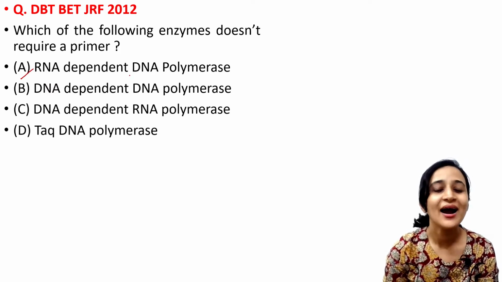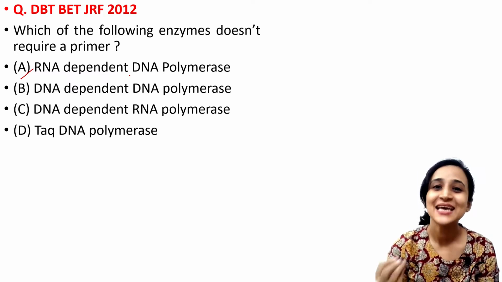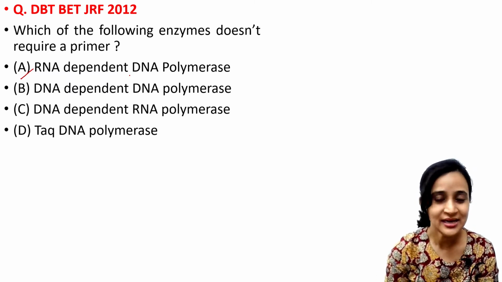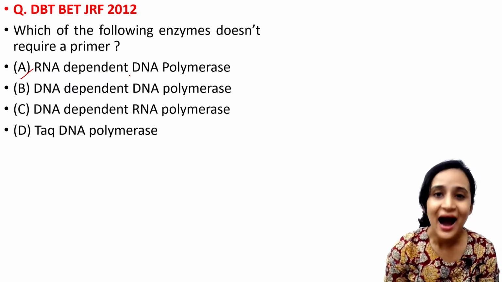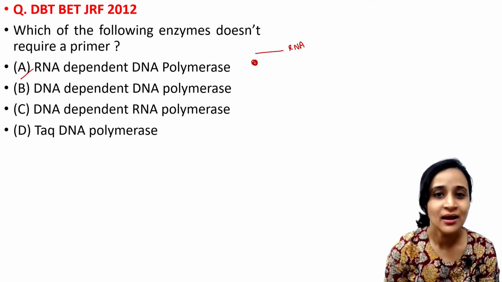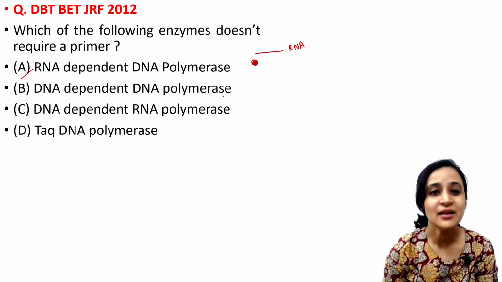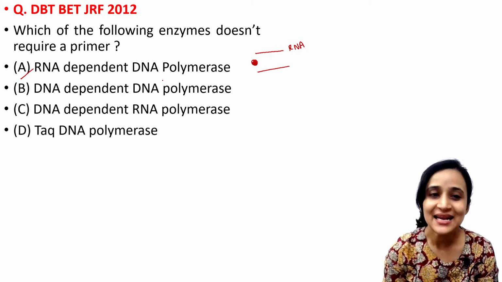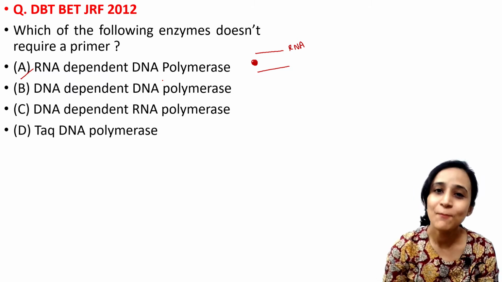So what is RNA Dependent DNA Polymerase? That means this enzyme is dependent on RNA. From RNA, this enzyme will produce DNA, because this is RNA dependent DNA polymerase.